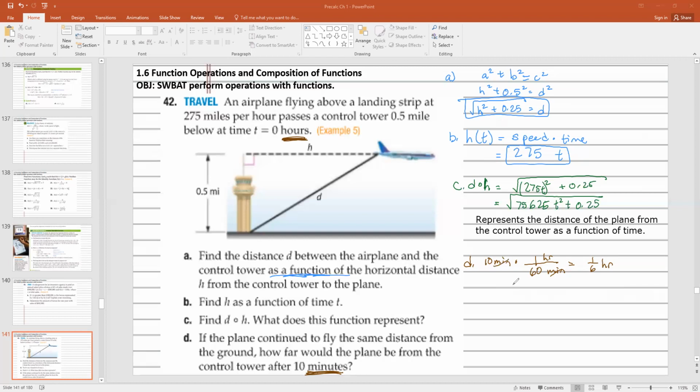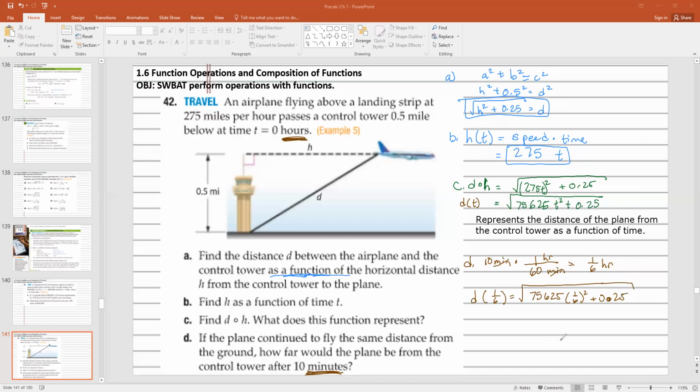I'm just going to leave it as a fraction there. So we have d of t right here. So d of 1/6 is going to be the square root of 75,625 times 1/6 squared plus 0.25.